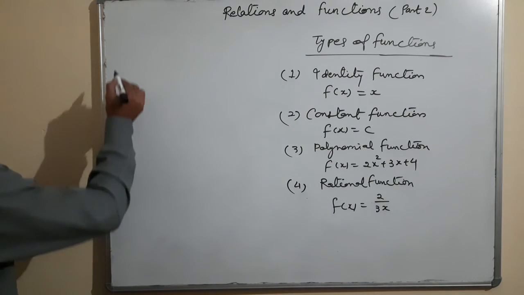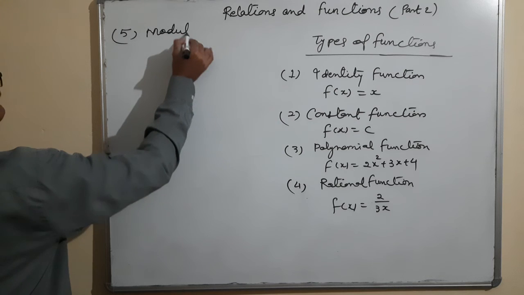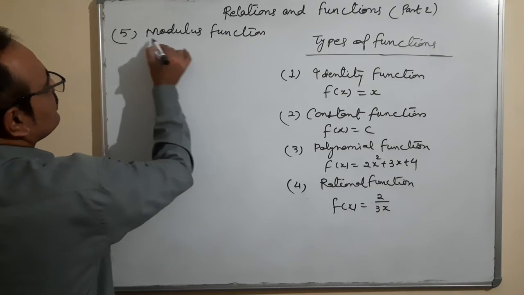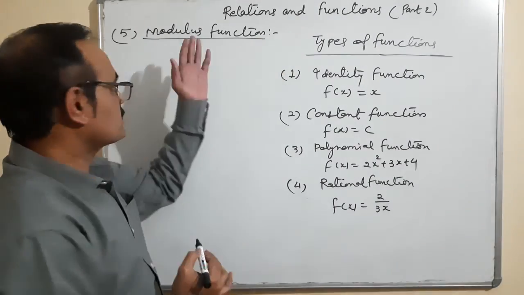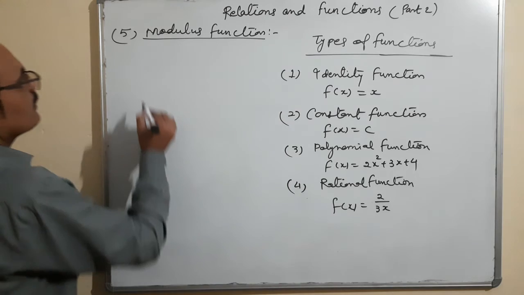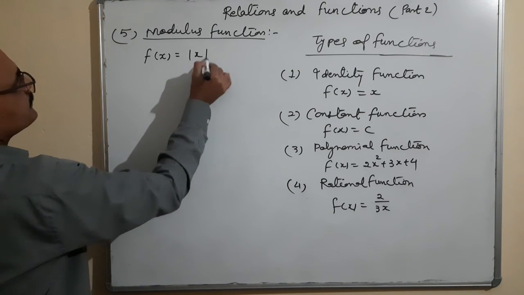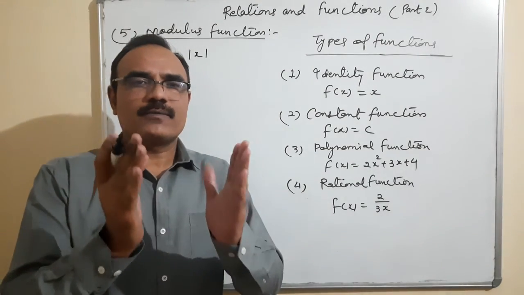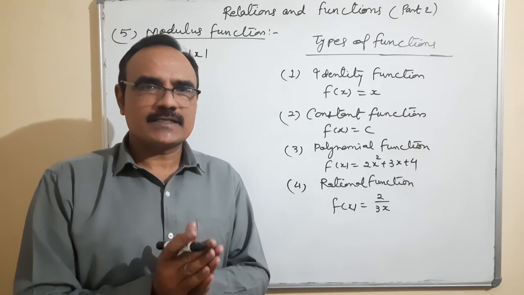Next one is the 5th, modulus function. These 3 functions are very important. You have to understand these functions. Modulus function: f(x) = |x|. Generally, we understand that the modulus value is always considered a positive value.